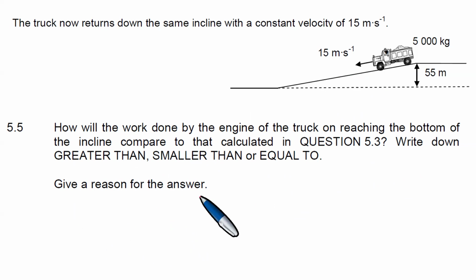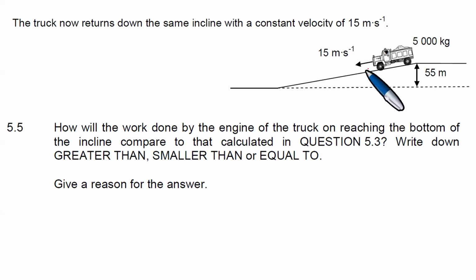So we are having this question in front of us, but we are told here that this truck now returns down the same incline with a constant velocity of 15. How will the work done by the engine of the truck on reaching the bottom of the incline compare to that calculated?